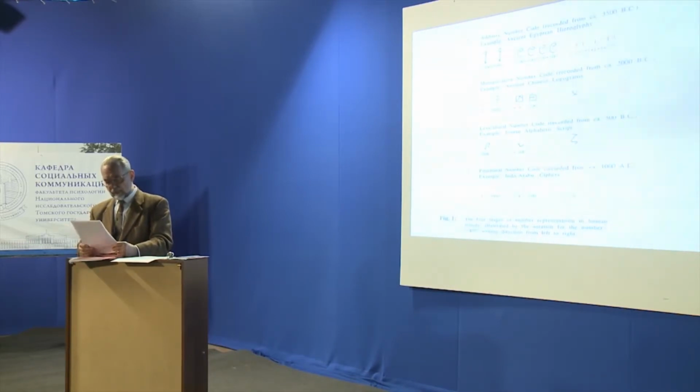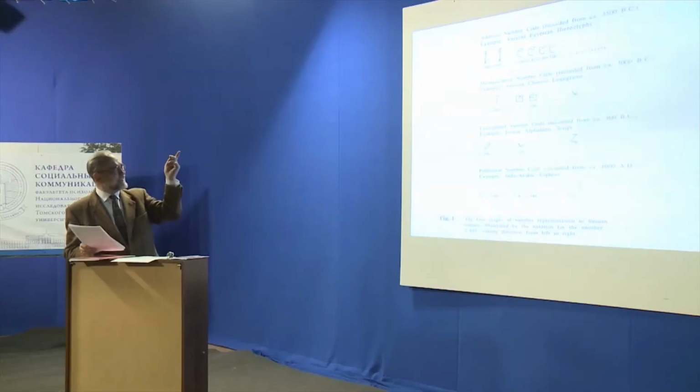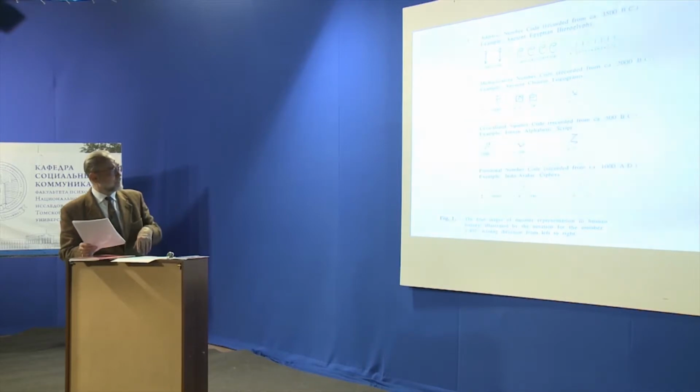A millennium and a half after the first historically recorded appearance of these additive number systems, another early civilization developed a number code that followed a new semantic principle. So they had a new principle introduced 1,500 years after the Egyptians had introduced their number representation.